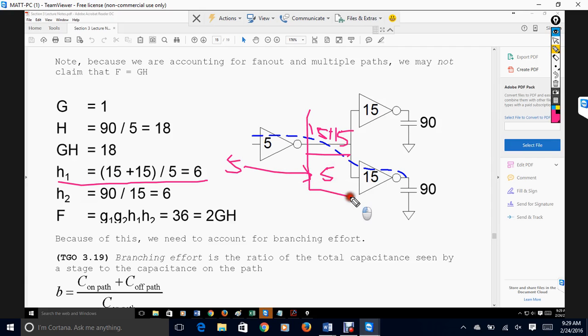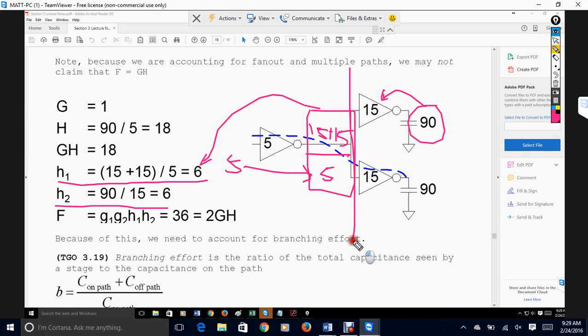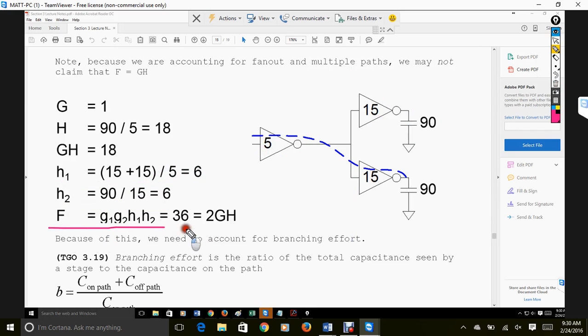Okay. And that becomes 30/5, which becomes 6. And then H2 becomes 90/15. So we divide them into stages, right? So now we have 6 and 6. We have G1 and G2, which are both 1. So it's going to be 1 times 1 times 6 times 6, which is equal to GH.